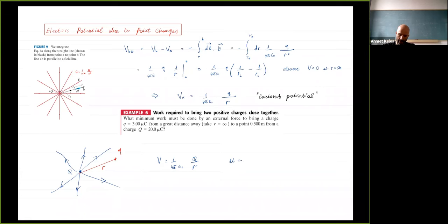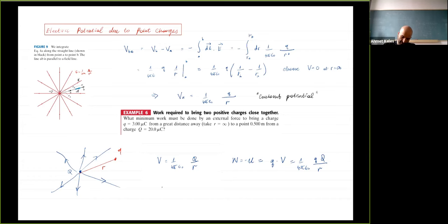Work is minus U, which is equal to q times V, which should be equal to 1 over 4 pi epsilon naught, Q q, over the distance R. So let's put in the numbers to see how this works.